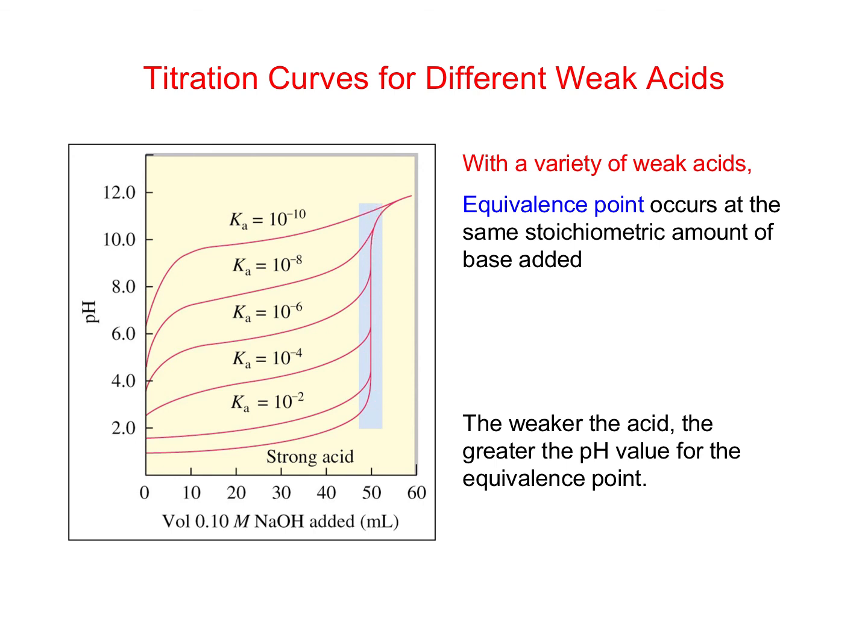But of course, the pH at the equivalence point is going to vary for the different acids. You can also see at the half equivalence point for these different acids, the pH of the half equivalence point will also be higher for the weaker acids. The weaker the acid, the smaller the Ka and the larger the pKa, and so the pHs are shifted to higher values for the weaker acids.